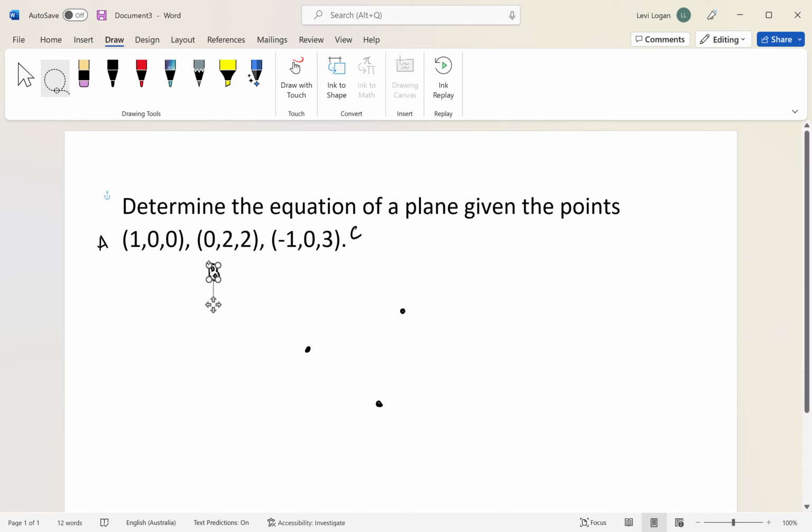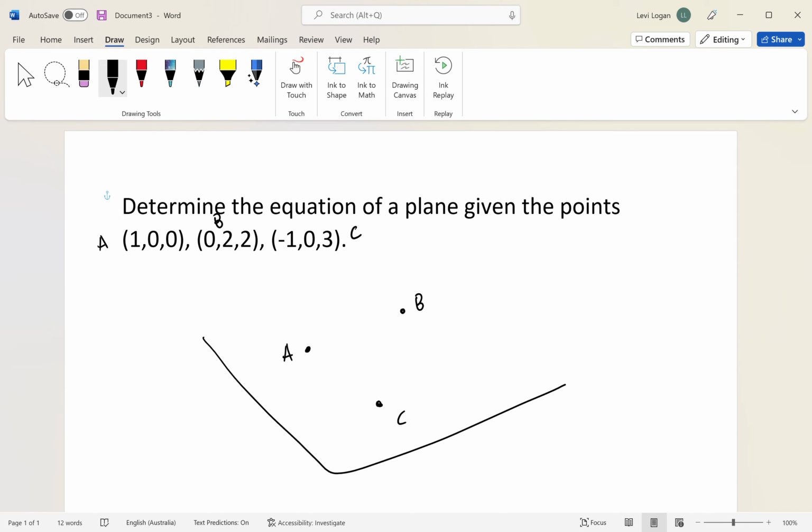To find a normal vector, we have to understand what we're actually looking at here. We have the points A, B, and C on some plane. To define a plane, we need to find our normal vector, which is a vector perpendicular to the plane.